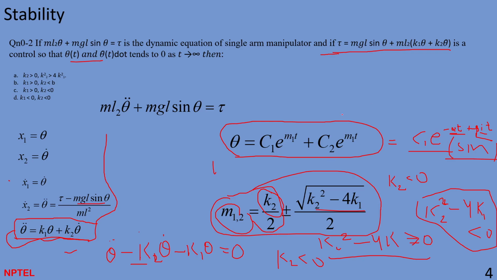So the sinusoidal part we are not worrying about. We only want the real part to be negative. That will only happen when k2 is less than 0, and k2 square minus 4k1 is less than 0.